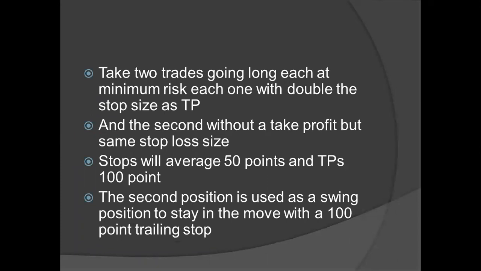All right, now when you see the actual trade setup develop, let's say you were looking at the 1 hour or the 30-minute time frame. The market opened, broke lower, tapped the previous day's low, and also tapped the 800 or the 200 EMA, and pulled back up to close above it. Now you would take 2 trades going long, each at minimum risk, obviously, where you double the stop loss size as your take profit.